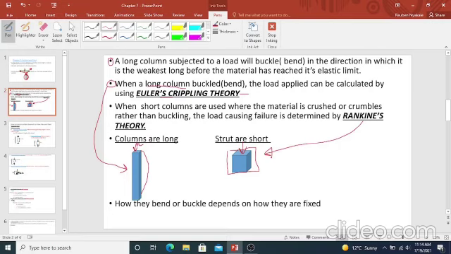Now when you were doing your N4, we dealt with two things. We dealt with the elongation percentage, if you would remember, and we do have it in chapter 1. I know that you don't even remember the formula of elongation percentage, but we'll deal with it when we are doing chapter 1.